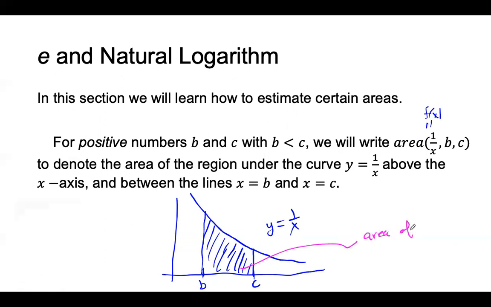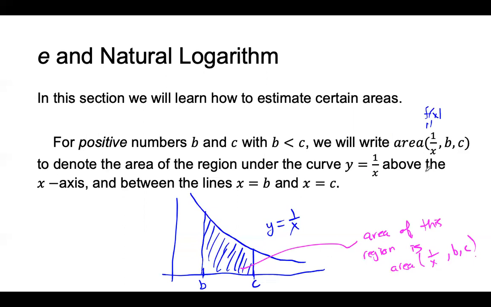The area of this region is denoted by this thing called area 1 over x BC. And it relates to something in calculus.